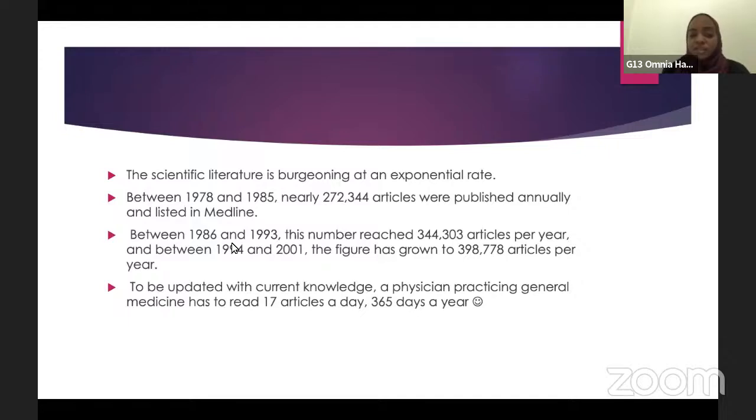Between 1986 and 1993, the number reached 344,000 articles per year, and between 1994 and 2001, the figure had grown to 389,000 articles per year. To be updated with current knowledge, a physician practicing general medicine has to read 17 articles a day to keep up with this rate of publications.